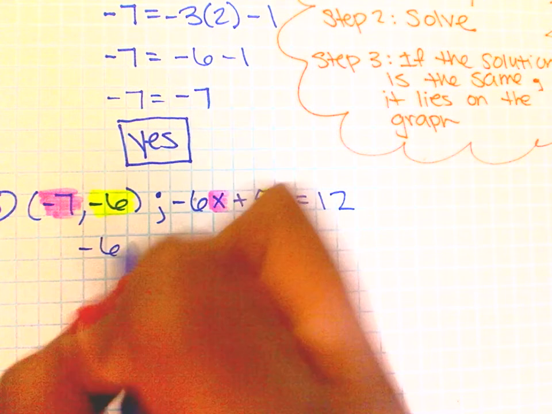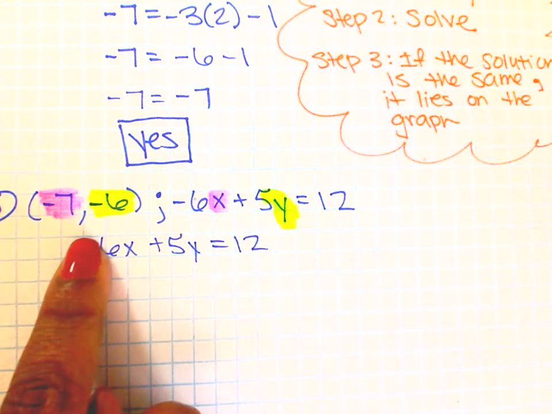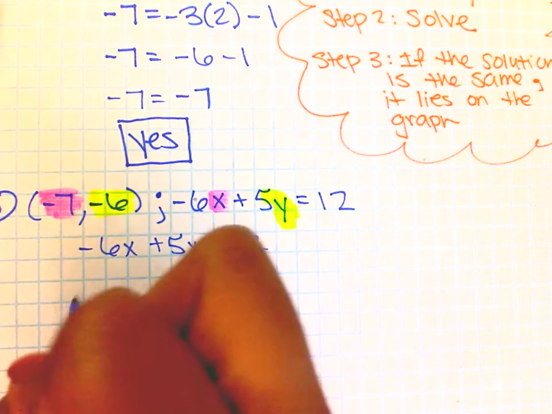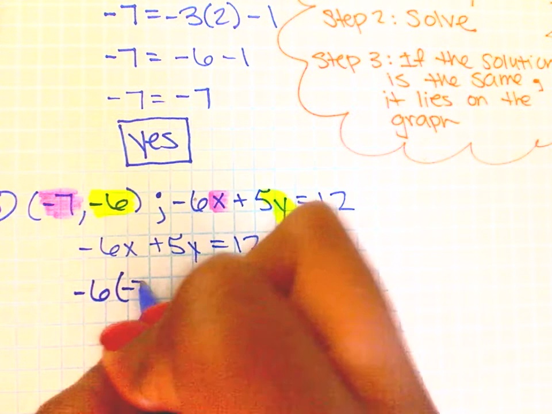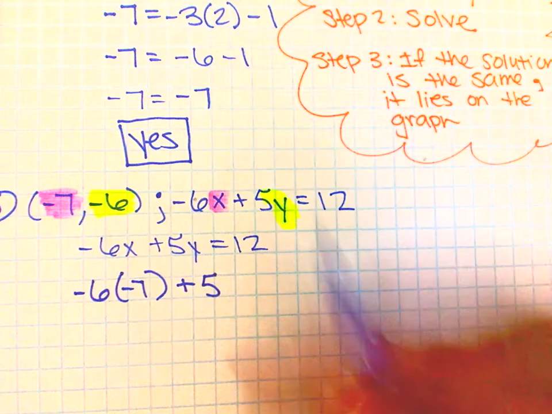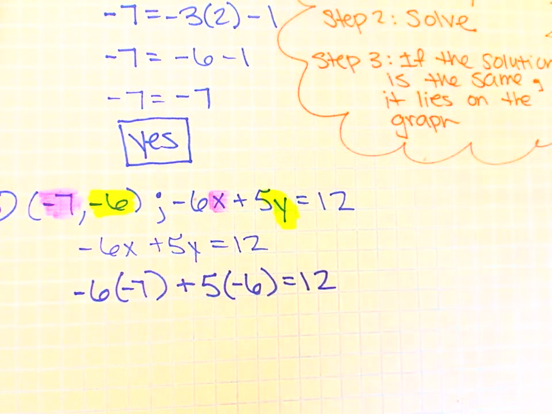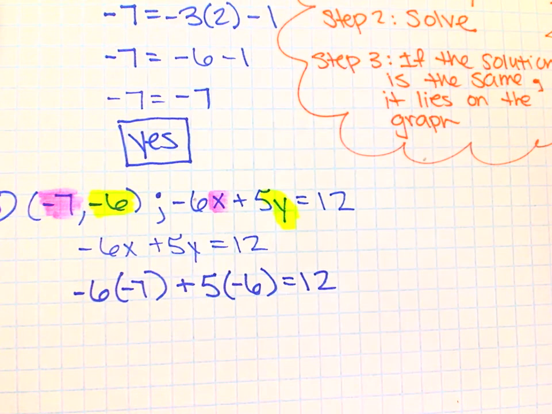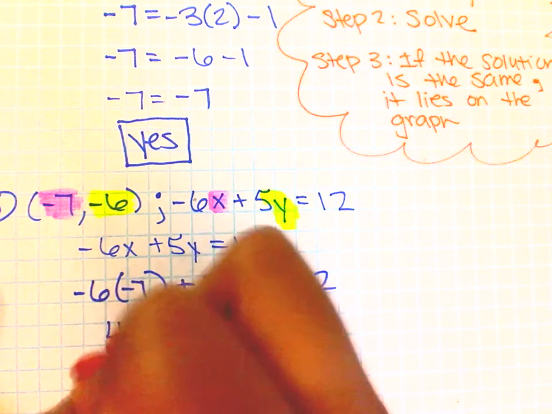Okay? So I'm going to plug these numbers into this equation over here. So my negative 6x plus 5y equals 12, I'm going to plug in those numbers. So negative 6 times x is negative 7, plus 5, my y, times negative 6 equals 12. So we want to figure out if our end result is going to be 12 equals 12. Let's see. Negative 6 times negative 7 is a positive 42.